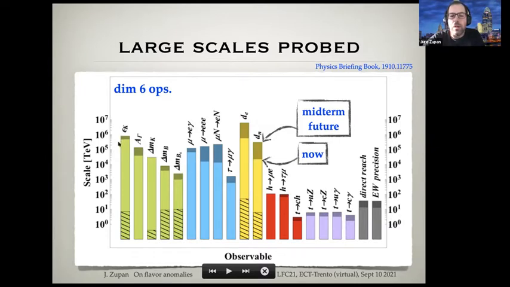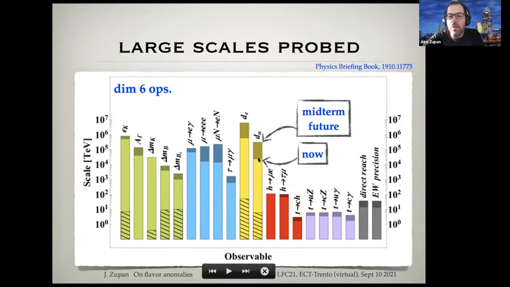This green is the observables in the quark sector. Then for the leptons, it's a similar story; again, it depends on the flavor. And then the electron and the neutron EDMs are again in the 10 to the 5, 10 to the 6 TeV regime, again assuming order 1 couplings.